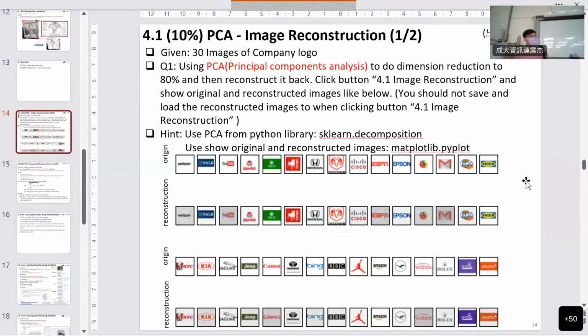To prevent the RGB issue, because different RGB channels have different values, right? So we suggest you turn all of them to gray value.